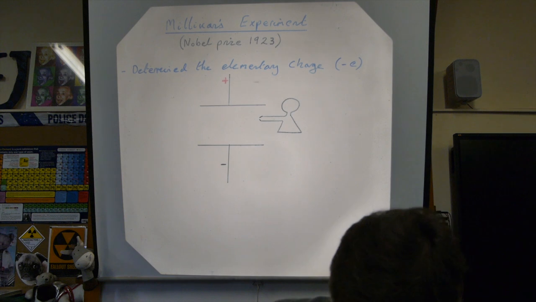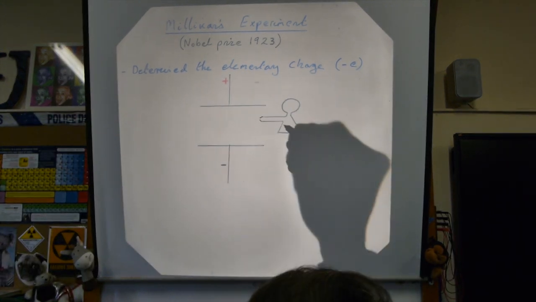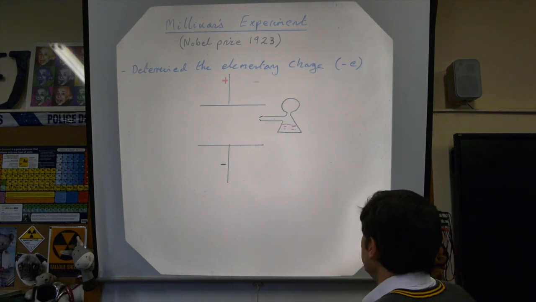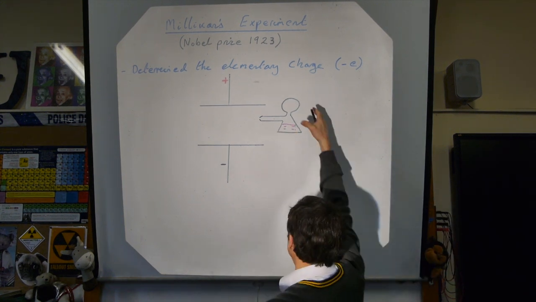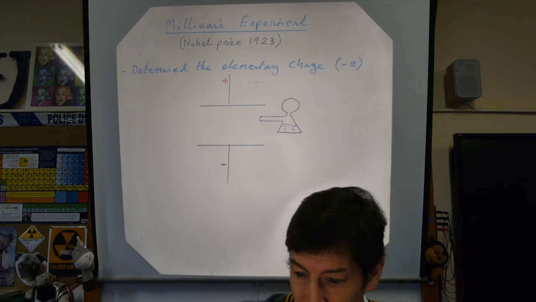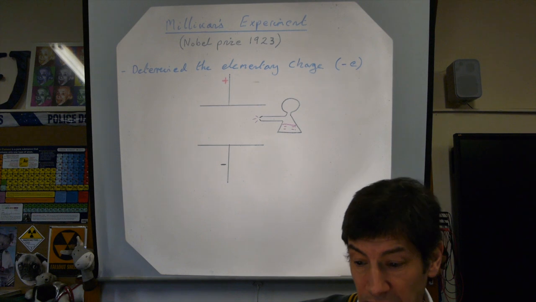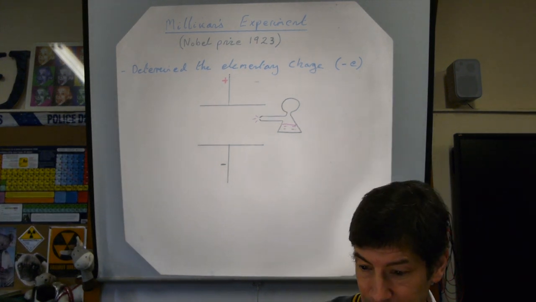And in here is some oil. Now you don't need to worry about how this works, but basically squeeze, squeeze, and out of it comes a spray of tiny droplets spraying into the gap here.